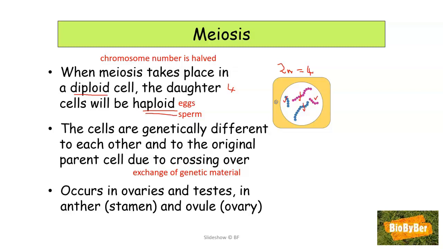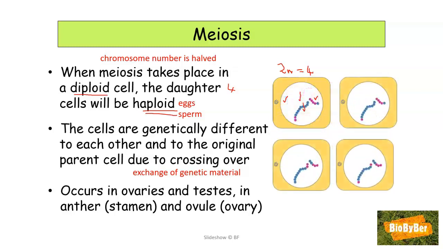When this parent cell undergoes meiosis, 4 daughter cells will be produced. Now these 4 daughter cells will have half the number of chromosomes as the parent cell. So you can notice here in each of these cells that there are only 2 chromosomes. The haploid number of these cells is 2, or n is equal to 2.